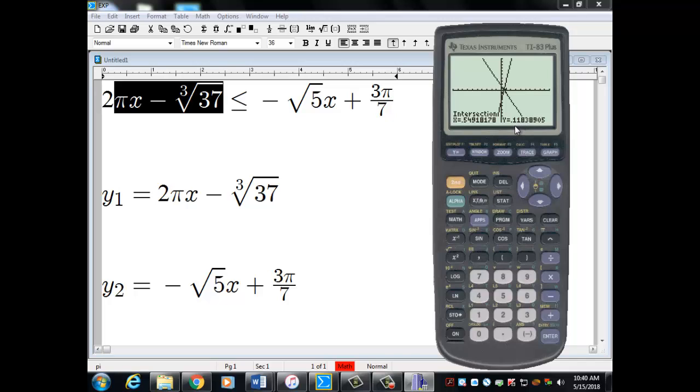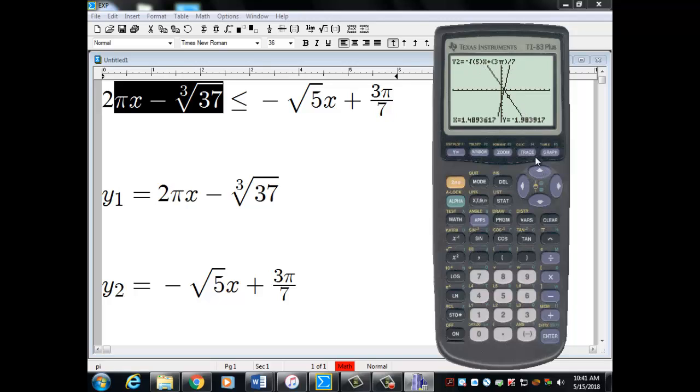Now, if you don't know that, that's okay. If you press trace and you move your cursor, guess what? You'll see a dot and it'll tell you Y1. And now you go like this. Oh, that's Y1. I wonder what this one is. Well, press down or up. Switch lines. That's Y2. Up, Y1.